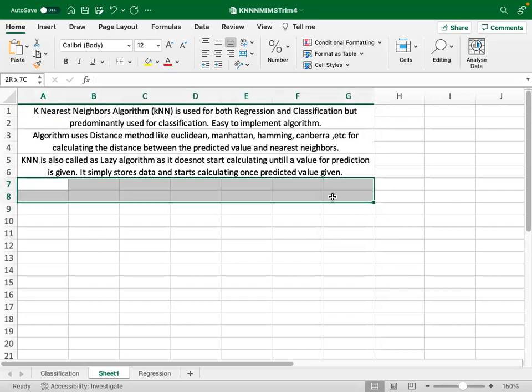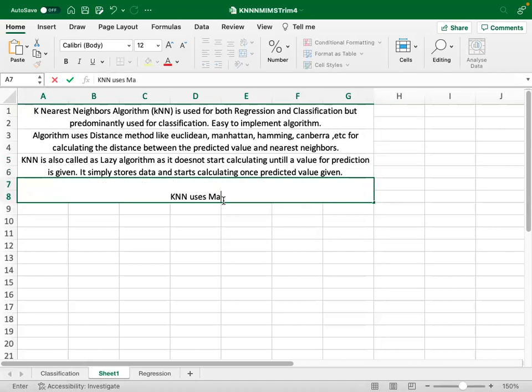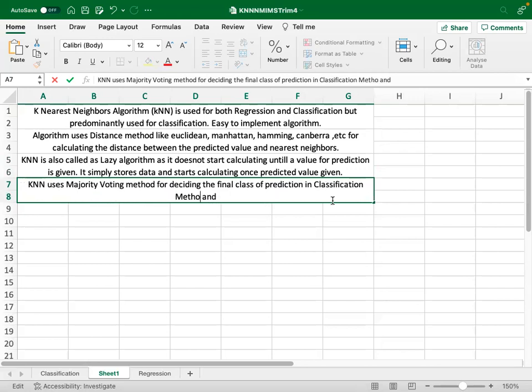Next, KNN uses the majority voting method for deciding the final class of the prediction in the classification method, and uses the average method when predicting value in regression.